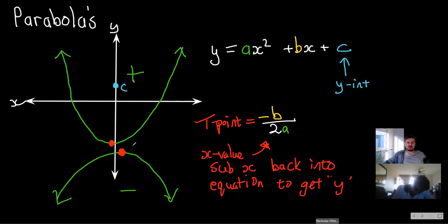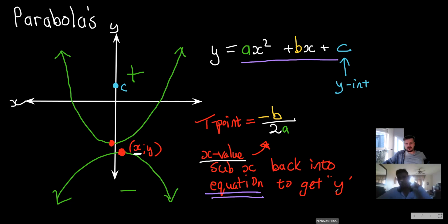That would then give you an x and a y value at your turning point. So your x you get from there, and then when you sub it back into this, you'll get your y.